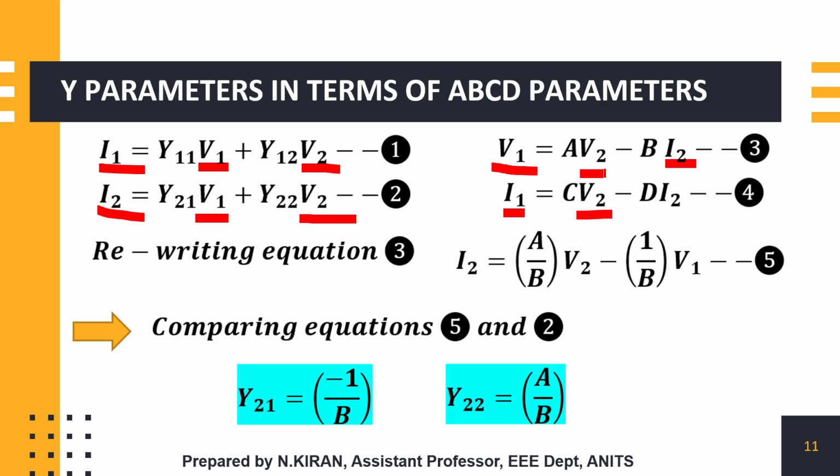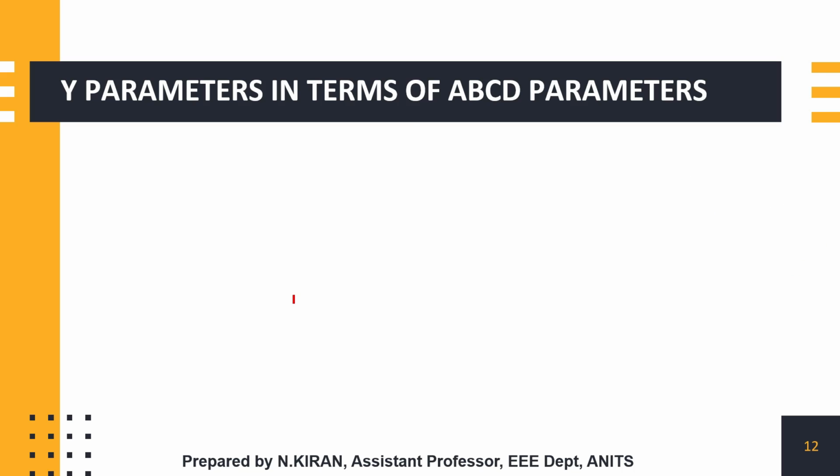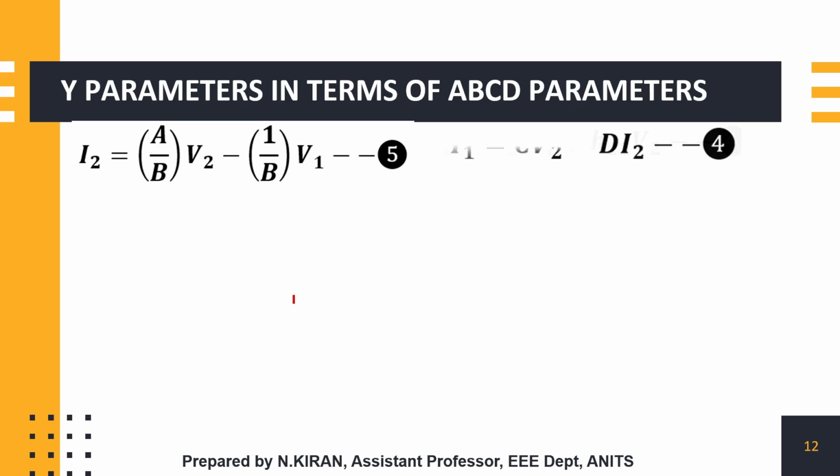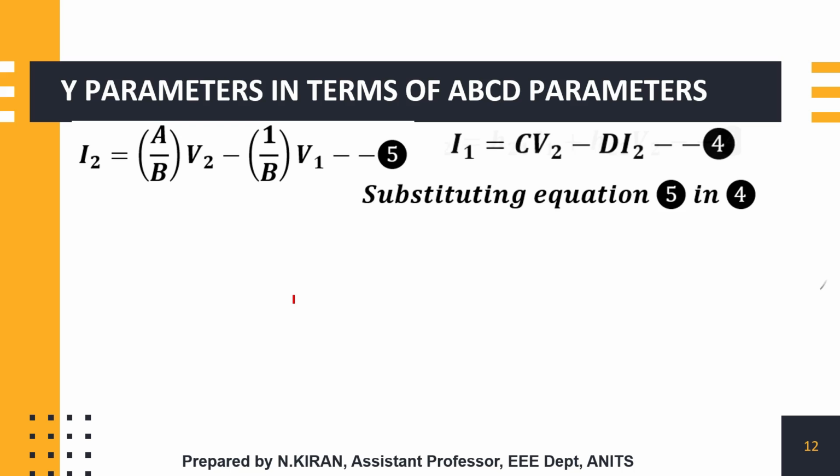Now in order to compare the first equation and the fourth equation, I should eliminate I2. That can be done by substituting the fifth equation in the fourth equation.